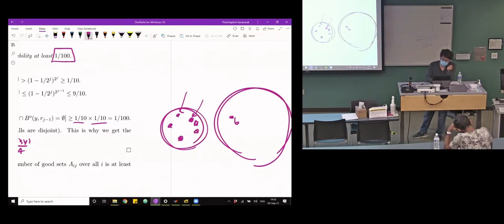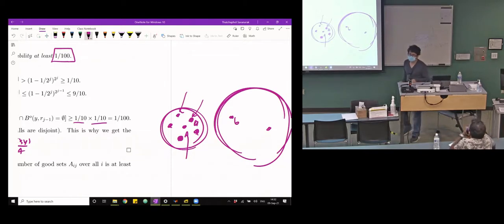So even if I know everything about whether each point in this set is sampled or not, it's completely independent of whether any point in this set is sampled or not. Is the number of points we're going to sample fixed or not? No, the number of points that we will sample is not fixed. Aij is just defined such that you look at each point, and sample that point into the set with probability 1 over 2 to the j. Yeah.